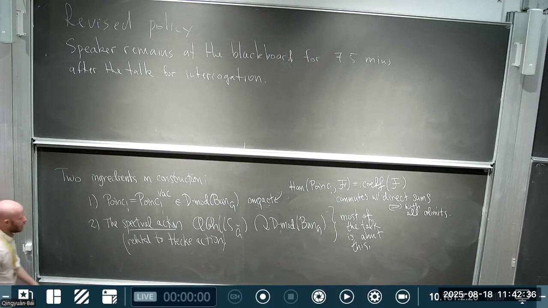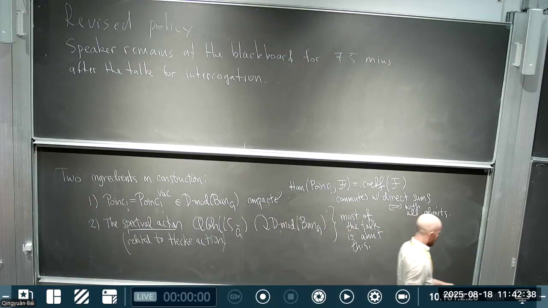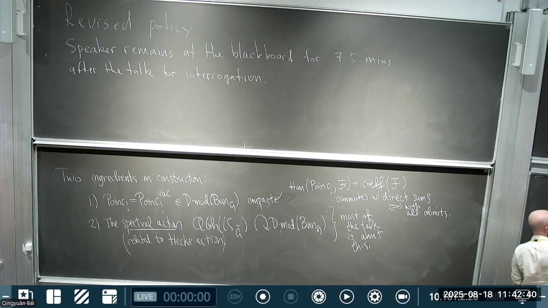Okay, so in order to explain the construction of the functor, I need to say briefly a slight variant on Yoneda's lemma for quasi-coherent sheaves.